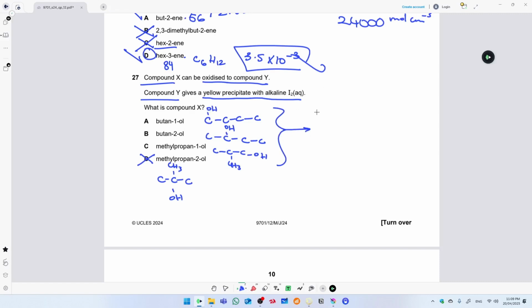So let's look. If this is oxidized, it will give an aldehyde, but it doesn't have a methyl attached to it, so A is not the answer. Let's look at B. So this is valid. It will give a positive iodoform test. Let's look at C now.